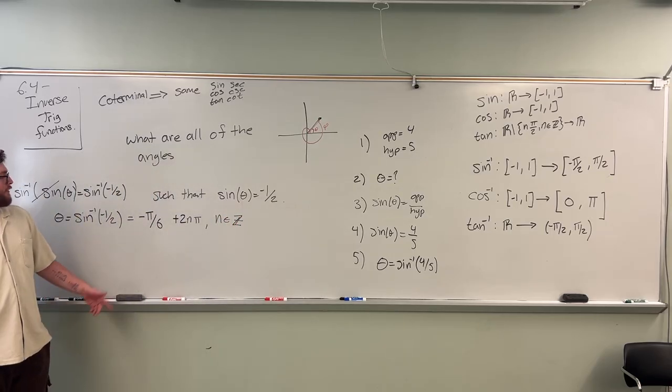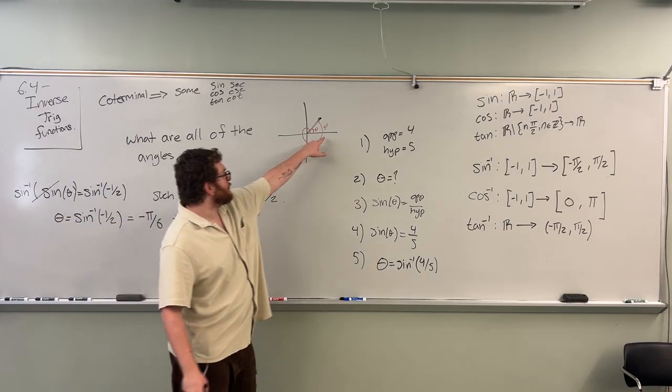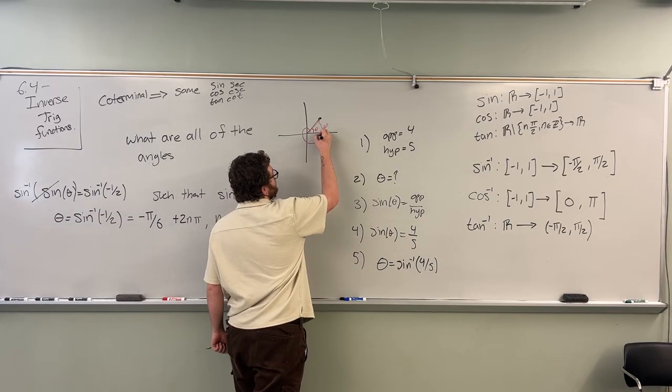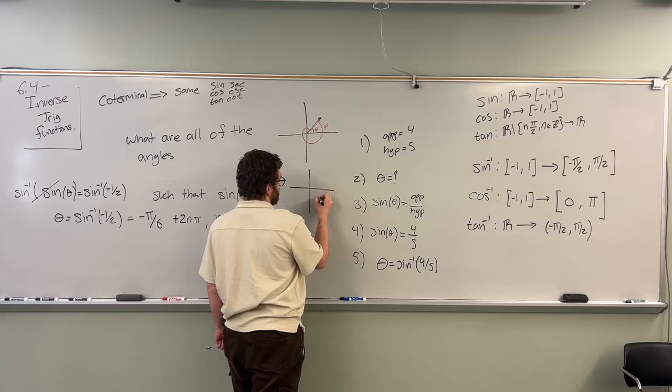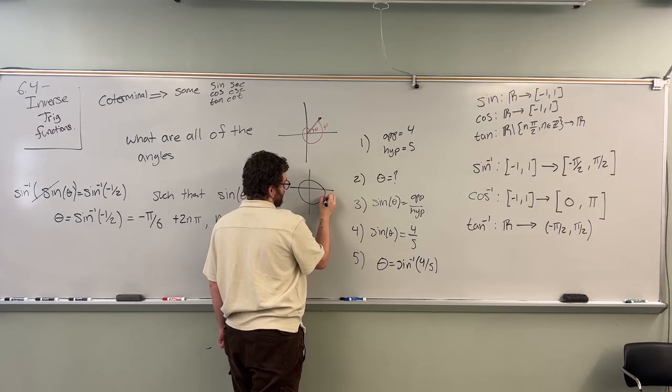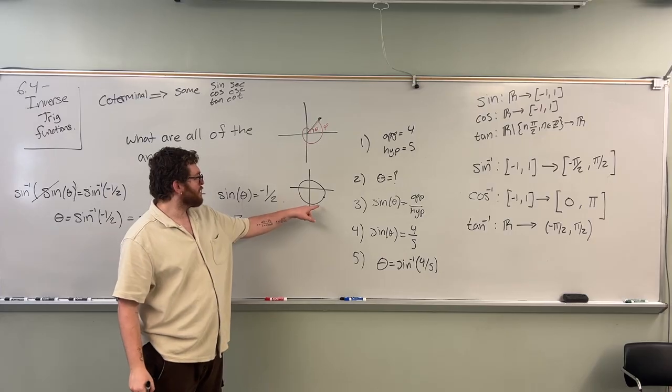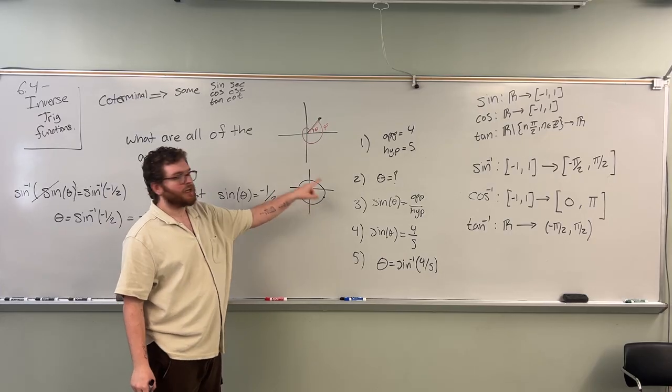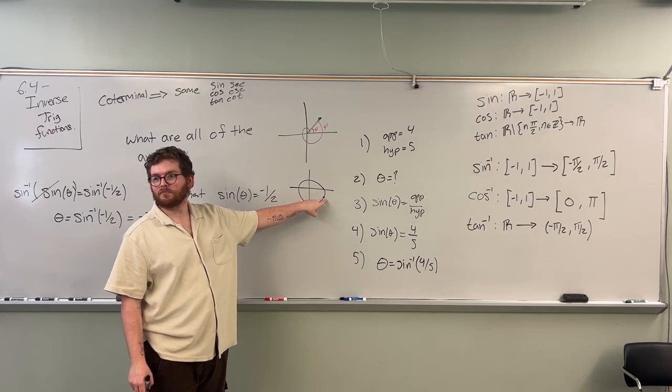Then all this spits out for me is every coterminal angle with our point minus pi over 6 looks something like this. So it spits out every single rotation I could do to get a point on this part of the circle.